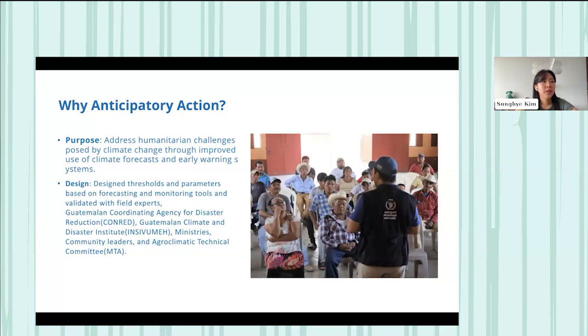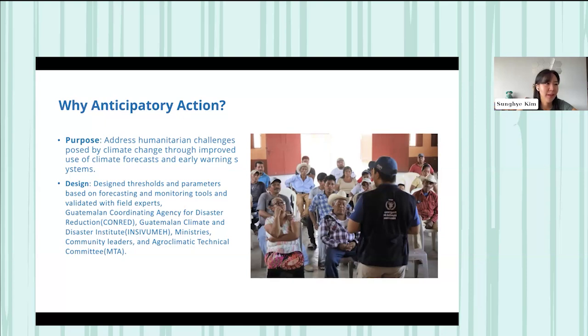To establish the triggers for the anticipatory action model, first we looked at things like weather forecasts and past data to understand when droughts might happen. Then we talked to experts in INSIVUMEH, the Guatemalan climate and disaster institute, the Guatemalan coordinating agency for disaster reduction, and local leaders to decide on the best ways to predict and prepare for these dry spells.